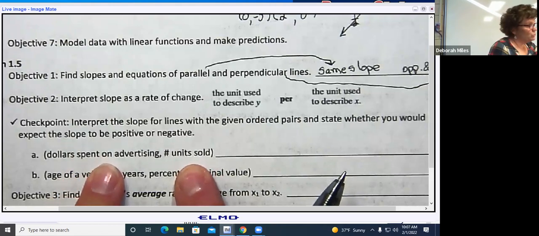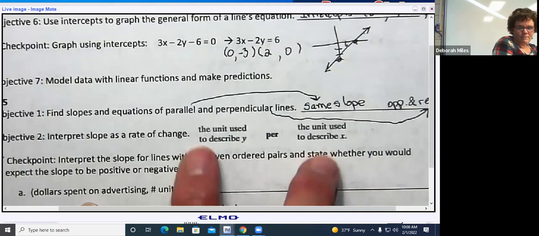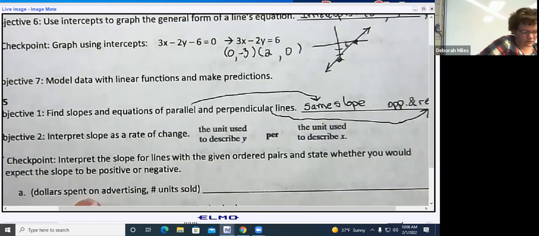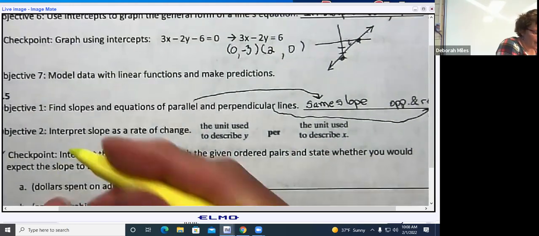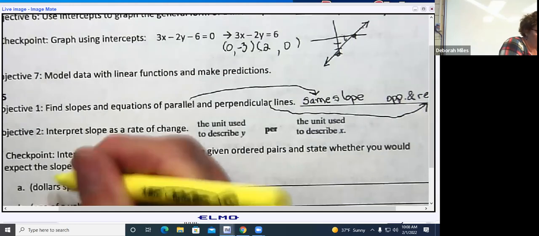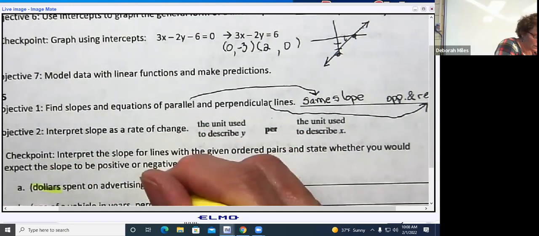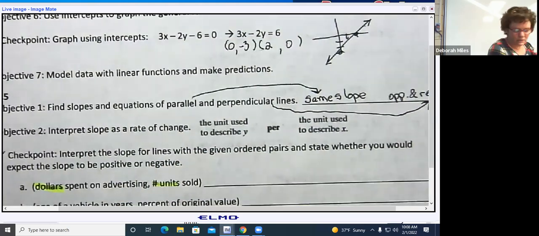I would expect that line to have positive slope. If it doesn't, something's wrong with my advertising strategy. But what that slope would represent, and I look up here, is the units that describe Y per the units that describe X. So in these ordered pairs, the units on my X's is dollars and the units on my Y's is just units.